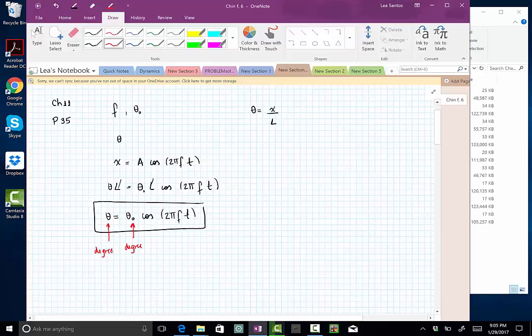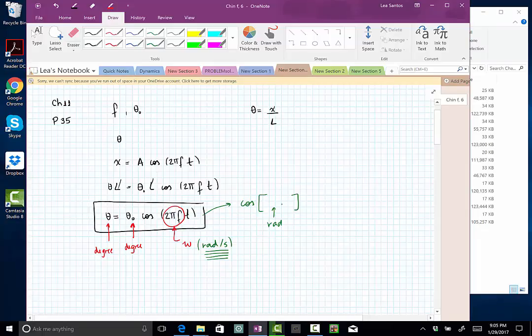Now, what you have to be very careful about is that this 2 pi frequency that is showing up here is the angular velocity, and angular velocity is given in radians per second. So this means that what we'll be solving is the cosine of a number that is given in radians. Once we multiply by the time, the second will disappear. The number that we'll be playing with is in radians.